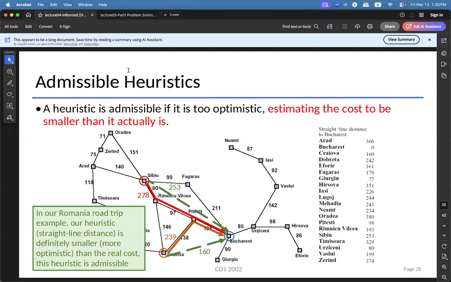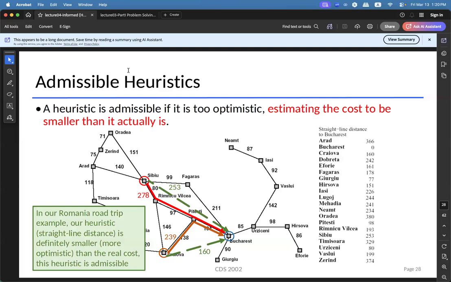So in that sense, the straight line distance is an admissible heuristic, because it is always shorter than any path. The straight line distance between two locations should always be the shortest when compared to any path between the two locations. This is fact, mathematically proven to be true.